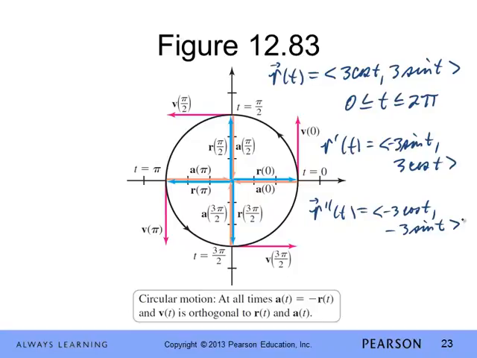Remember, the force vector is parallel with the acceleration vector. So when you have this sort of centripetal motion going around and around, that means that the acceleration vector is pointing inward. One way to visualize this is to get a rock, tie some rope around the end of it, and then swing it around.